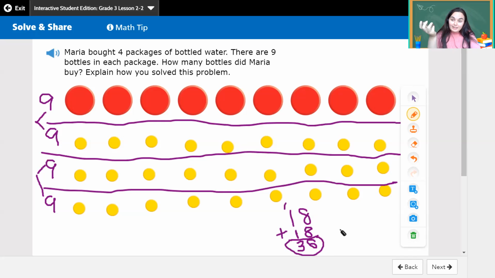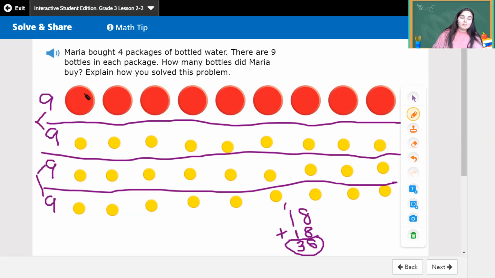So I used an array here in order to solve the problem by simply laying out the 9 across the 4 different groups, joining 2 of those groups together, joining the other 2 groups together, and then ultimately joining all of it back together. A quicker way to count them.